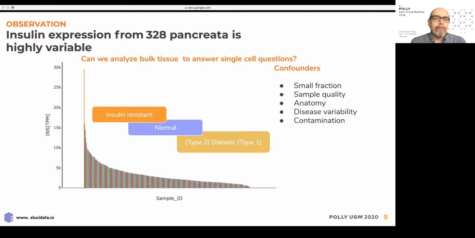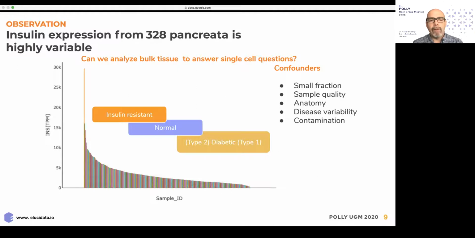So, at a first approach, we can just look at insulin expression across all 328 pancreata that are in the database, and we see that they are highly variable, with the highest towards the left and a gradual reduction in the amount of message as you move towards the right.